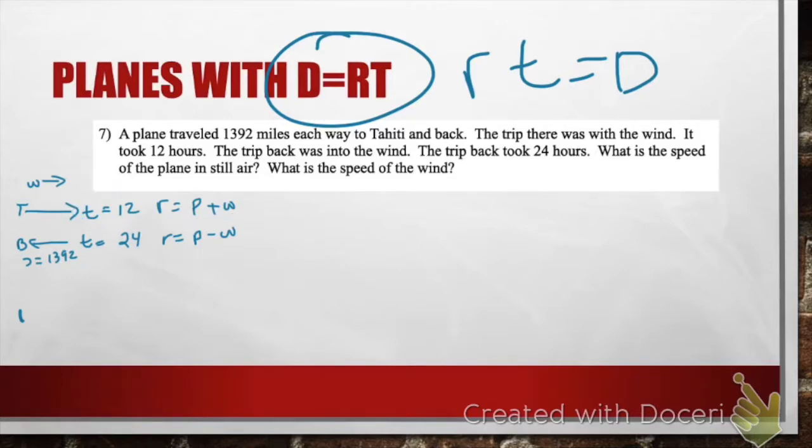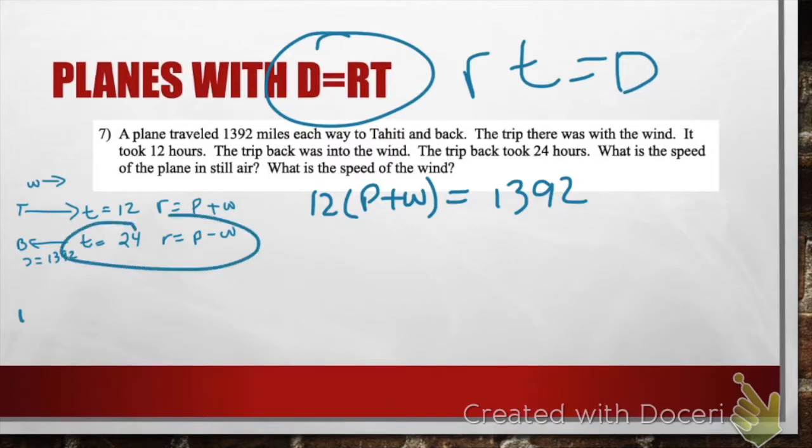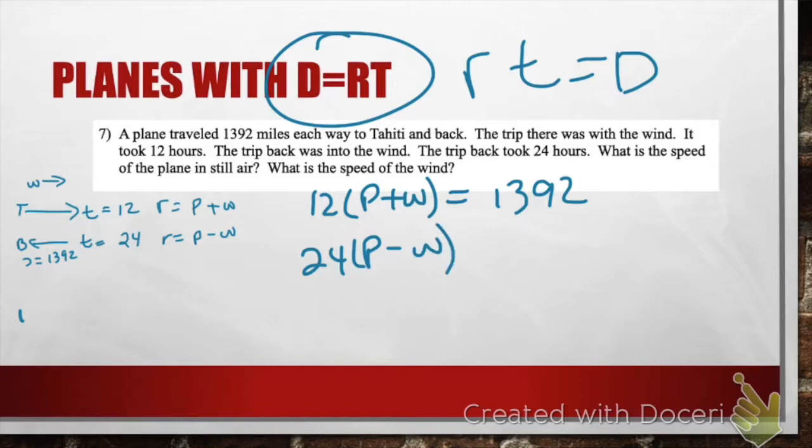So we'll have 12 times P plus W, the plane plus the wind, is 1392. We're going to come and do the same thing for this one. 24 times P minus W again equals 1392.